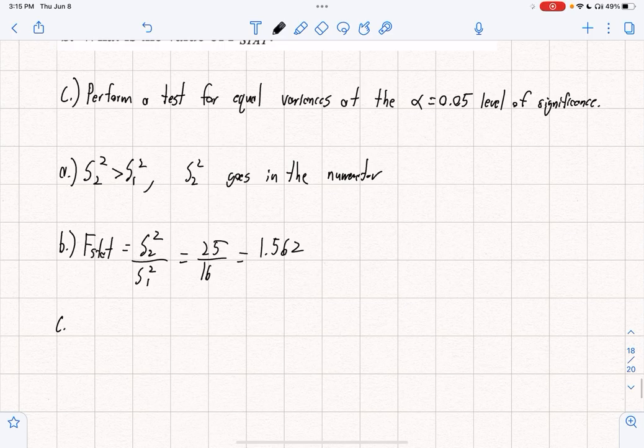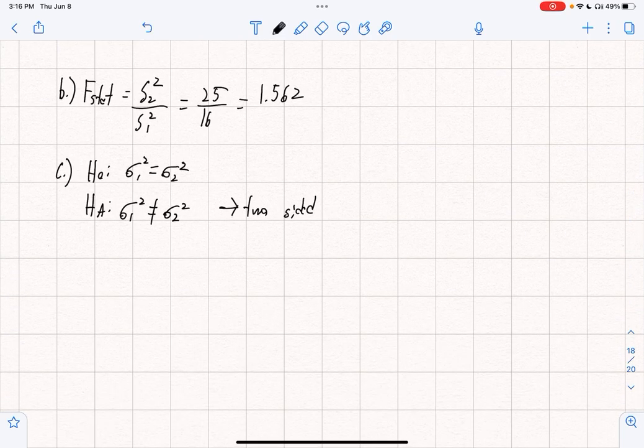Okay, so let's do this. Start with our hypotheses. We're just testing for equality, so we'll set these equal to one another for our null hypothesis and say that they're different for the alternative. So this is two-sided.